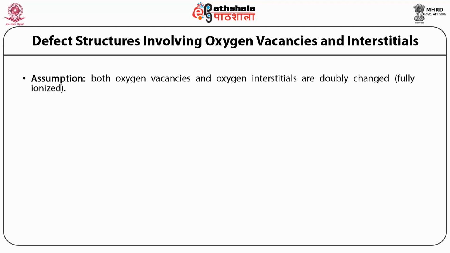Now, assuming that both oxygen vacancies and oxygen interstitials are doubly charged or fully ionized, the defect reaction for low partial pressure can be written as OO gives 1/2 O2 plus VO double dot plus 2 electrons.